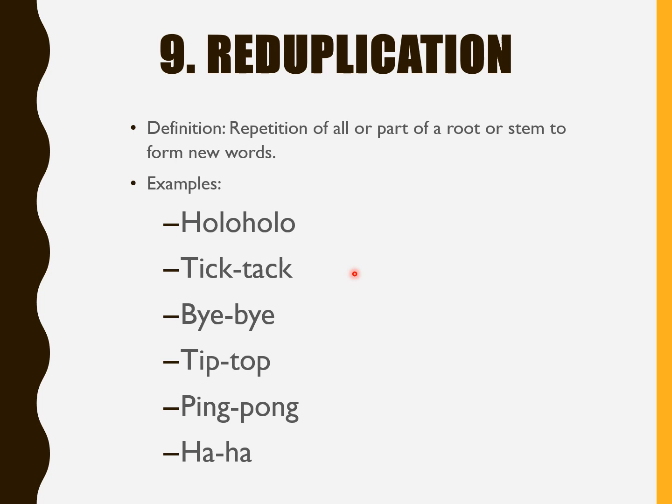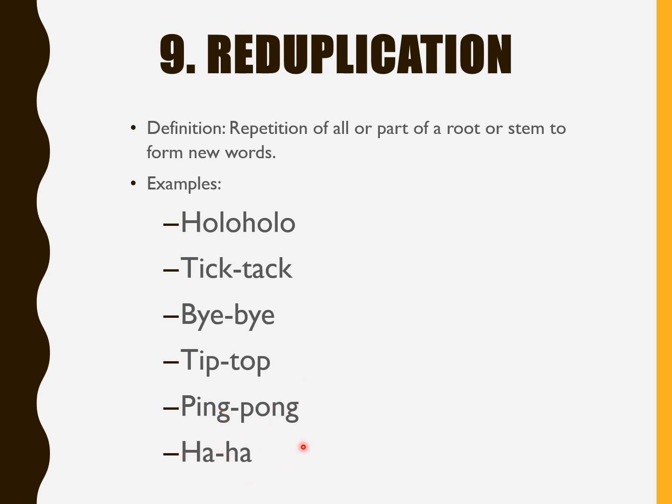Total reduplication is fairly frequent in other languages, mainly in Indonesian, Mexican, Arabian, Hawaiian countries. So here the common example for reduplication is hola hola, as we can see here total reduplication of the same word. And here we can see the partial reduplication: tick tock, bye bye, tip top, ping pong, haha.